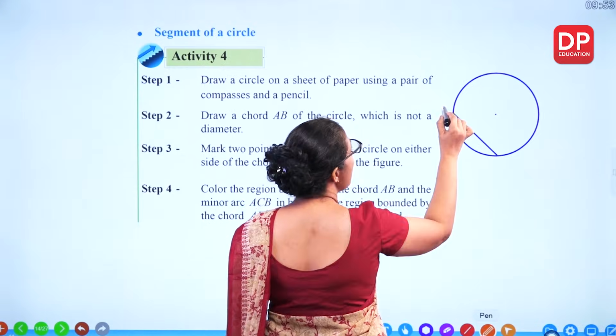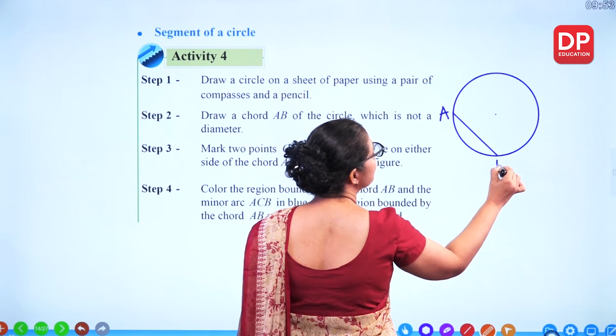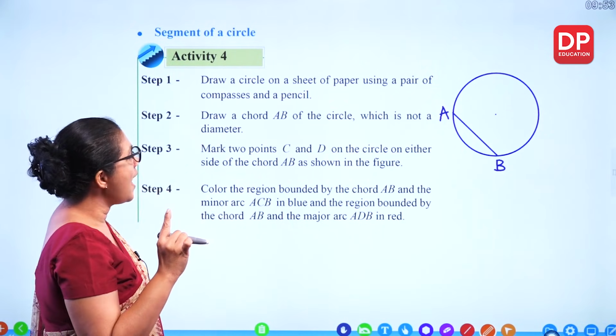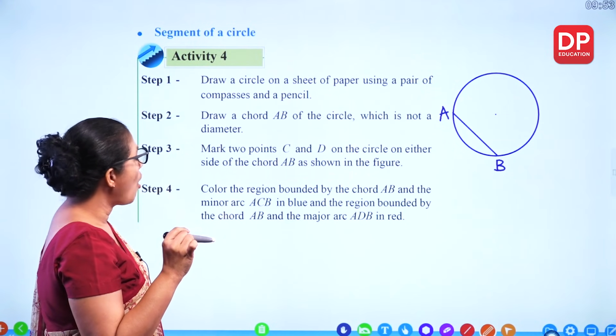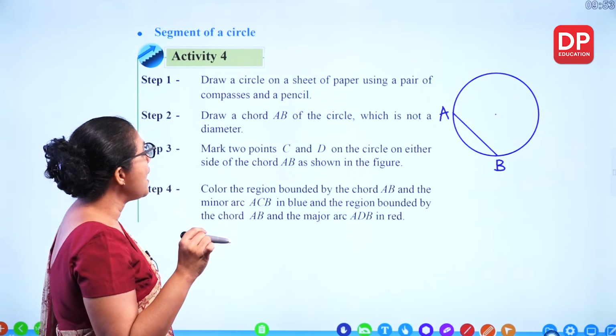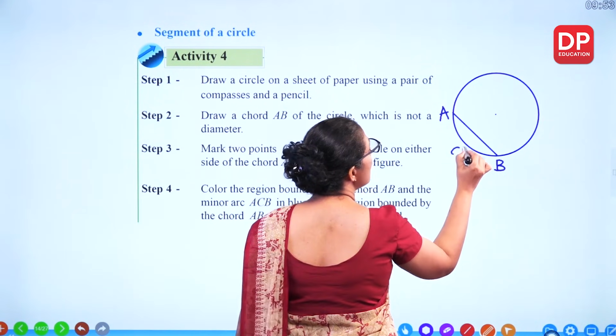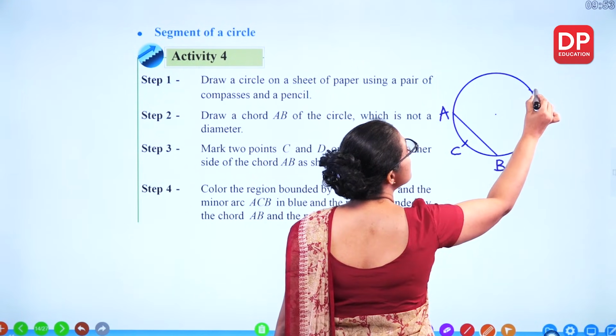Mark 2 points C and D on the circle on either side of the chord AB. I'll mark C here, D here.